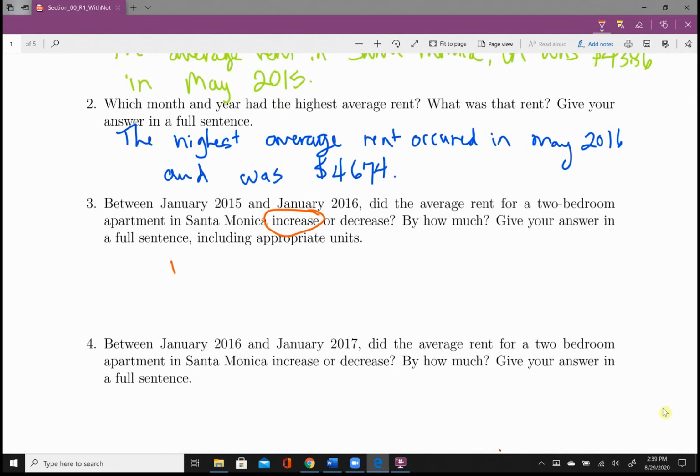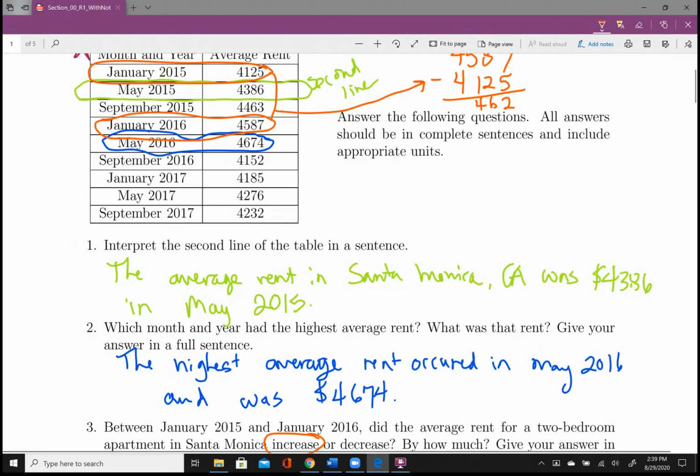The average rent increased by $462. Is that right? Yep, 462.